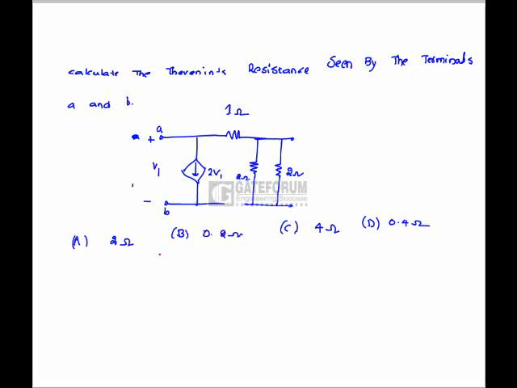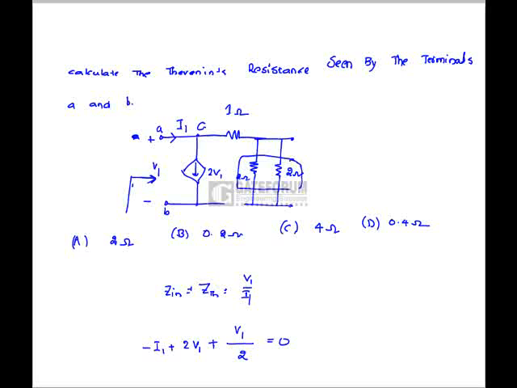Question is, calculate the Thevenin's resistance seen by the terminals A and B. That means we have to calculate the impedance of the network when looking from the input side. If we consider this one as I1, then the Thevenin's impedance is nothing but V1 by I1. If we apply KCL at node C, that is minus I1 plus 2V1 plus V1 divided by 2 ohms equals 0.